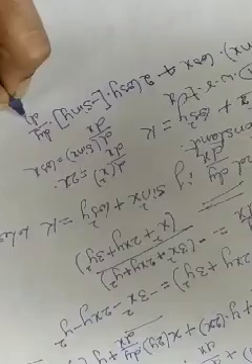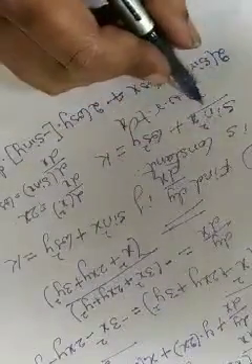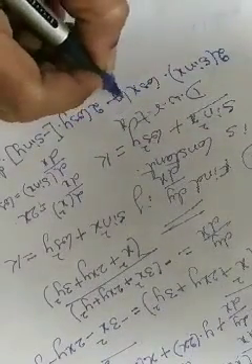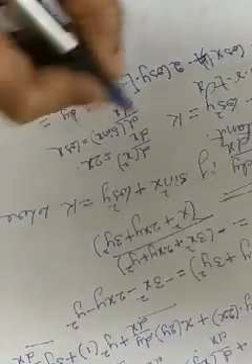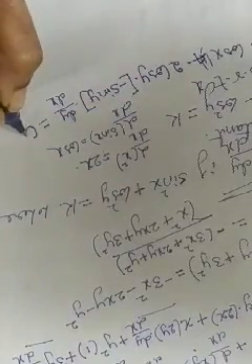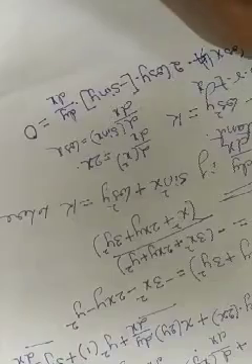What is a y derivative? dy by dx. Here x is not differentiated, so x derivative will be always 1. What is a constant derivative? 0. K is constant.